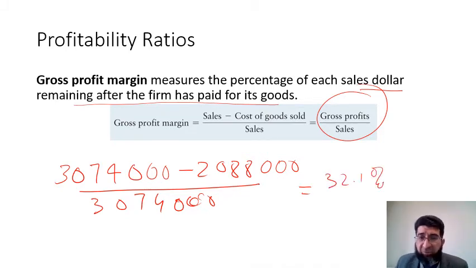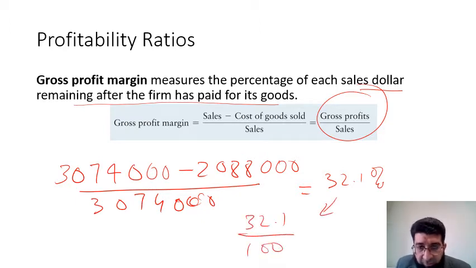So for every dollar of sales, as I said, you can do it like this: 32.1 divided by 100. For every $100 of sales, we have gross profit of 32, which means around 70% has gone into cost of goods sold, which is fine. Depending on the industry cross-section and the time series analysis, we can pick whether the company is doing well or not.